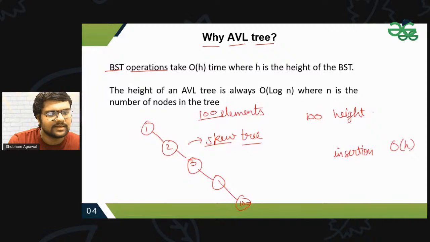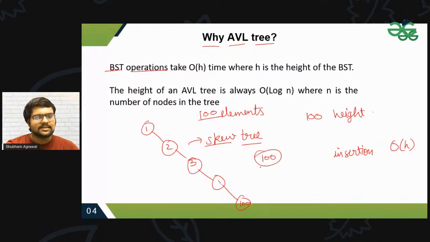If we have n elements, then h will be n. Height will be n in a skew tree, and in the worst case it would be order of n. But the average time complexity of insertion in BST was log n. In the worst case we take order n time.